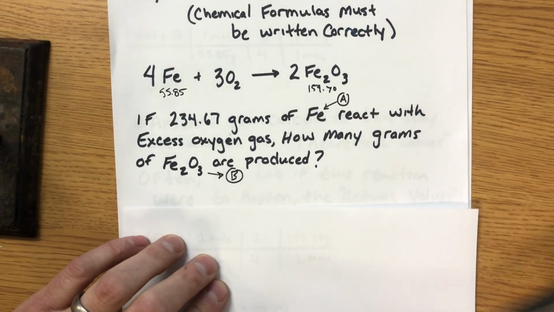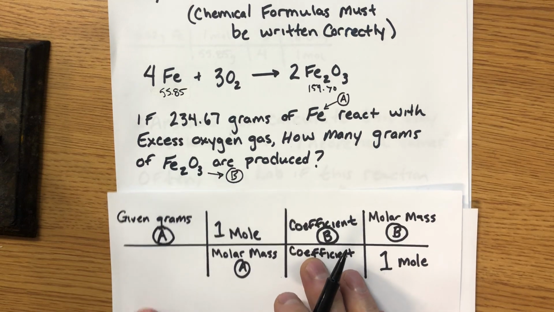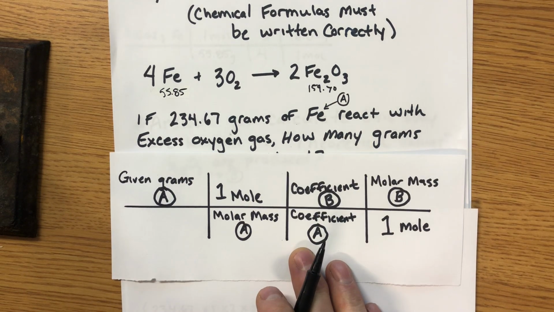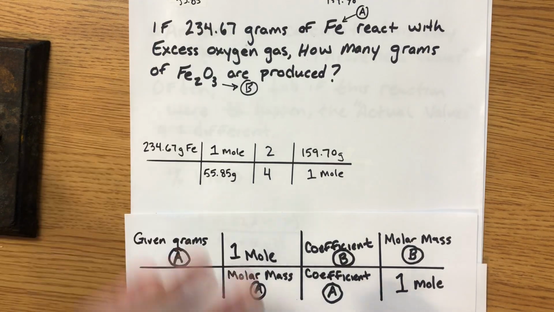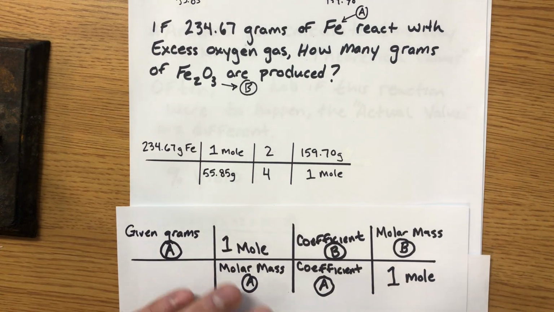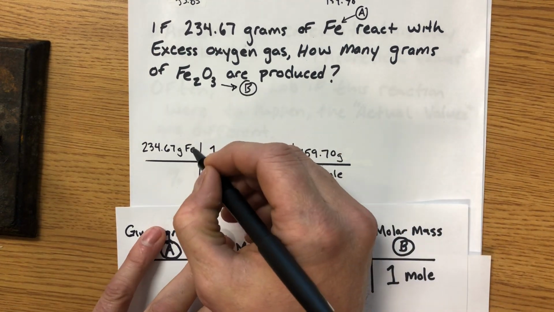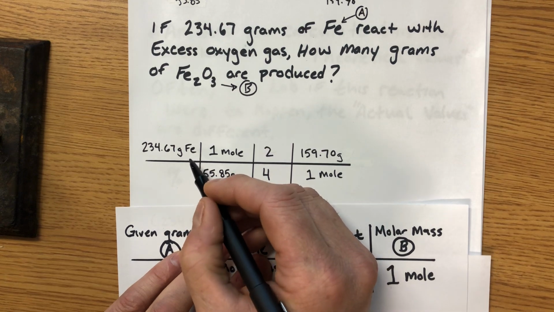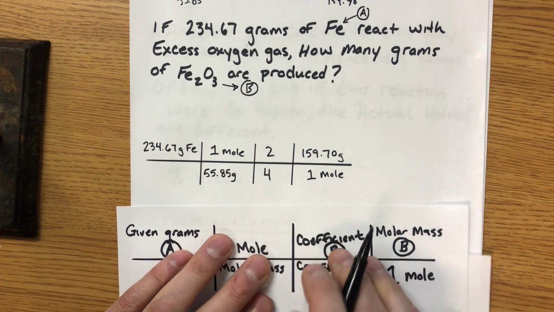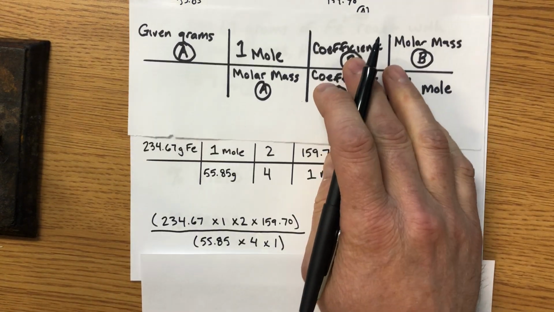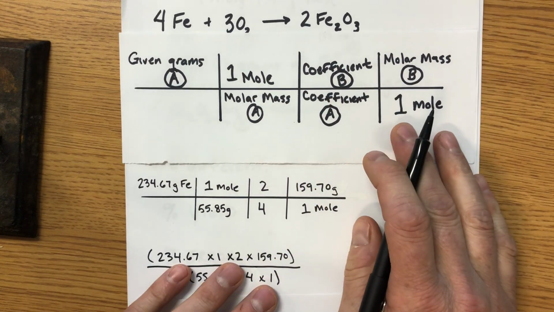Okay, so according to this dimensional analysis table, here's how those numbers would go. We're going to see our grams of A. We've defined iron as A with its molar mass down here. So maybe I'll try to keep this in view like that.